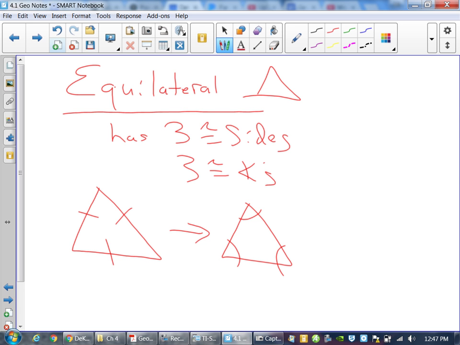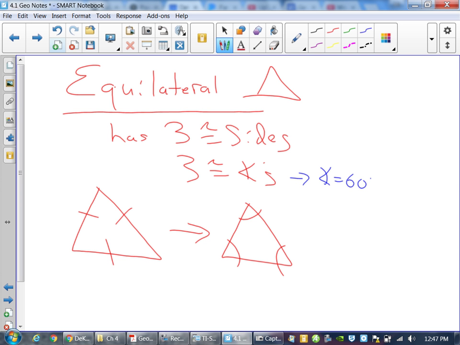More importantly, if you know that you have three angles that are the same in a triangle, what is each one of them going to measure? 60, good, yeah. Each one of those is going to measure 60 degrees, because there's 180 degrees total.